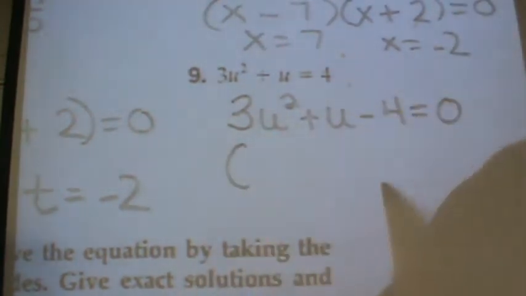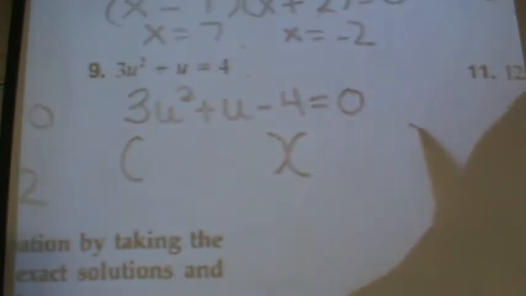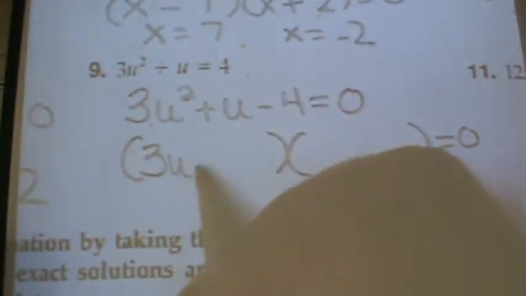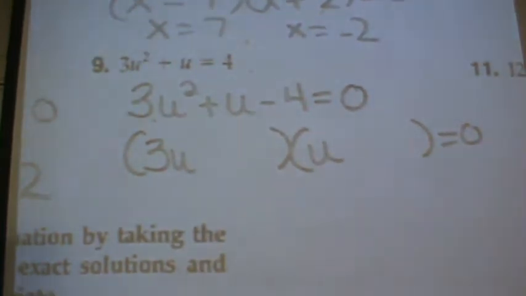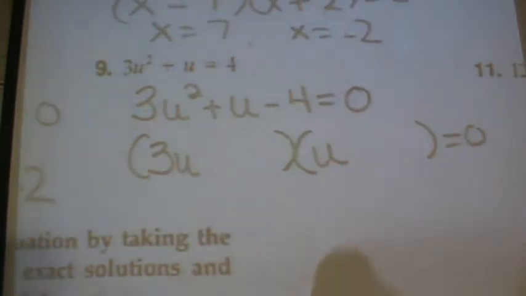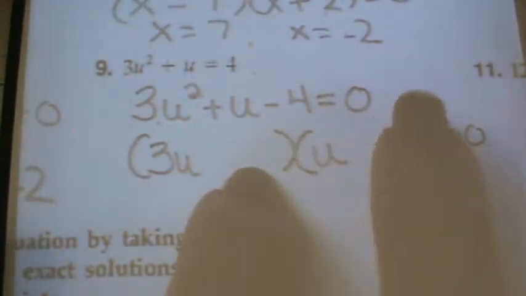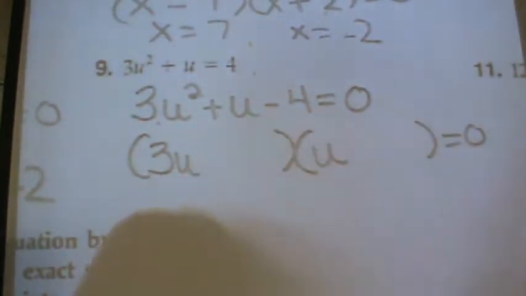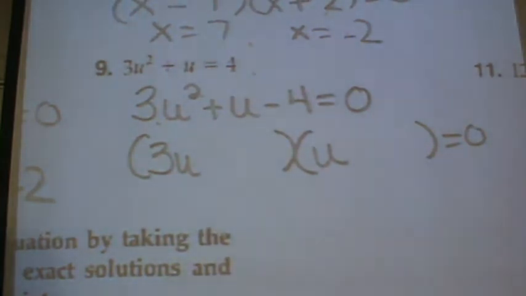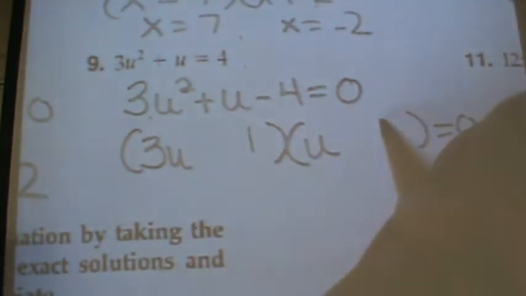Okay, so in the first position, what times what is 3u squared? You don't have much choice there. Now, do I want to put a 4 and a 1 here, a 1 and a 4 here, or a 2 and a 2? Well, what combination is going to work so that the outer and inner give 1 and 4?